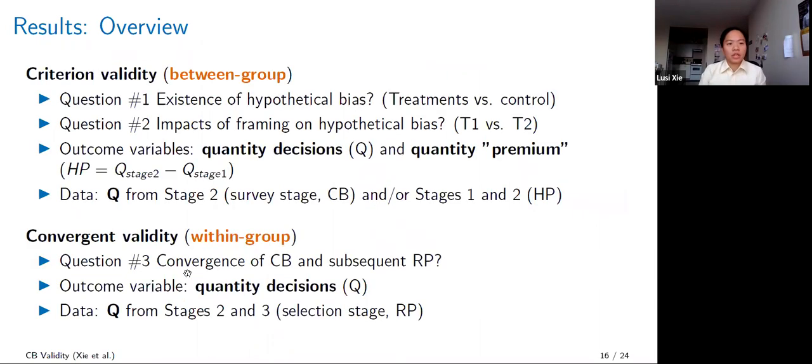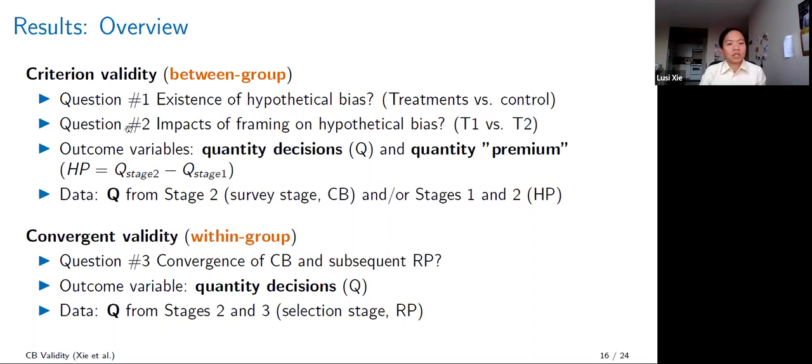So here is an overview of the results. Our analysis really tries to follow 3 questions. The first 2 are in criterion validity, and the third one is for the convergent validity. The first question is to detect whether there's a hypothetical bias by comparing treatments and control, so we don't care about how large or the direction of the hypothetical bias.